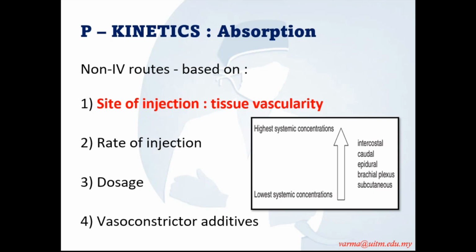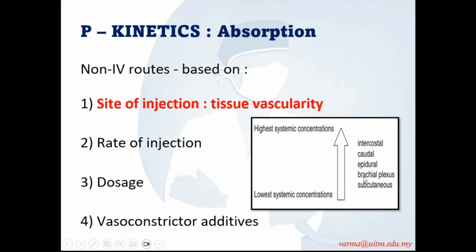The highest will be intercostal, caudal, epidural, brachial plexus, and finally subcutaneous. It means when we inject subcutaneously, let's say around a lipoma in your hand before a simple LA surgery, that will be the lowest.